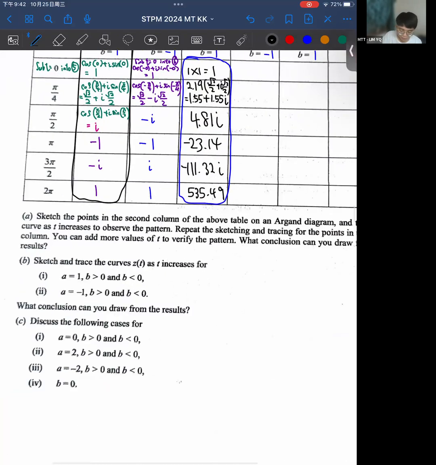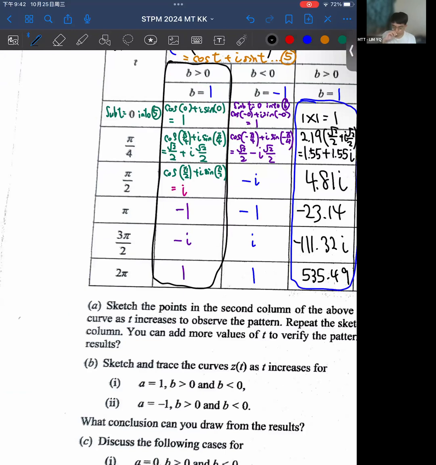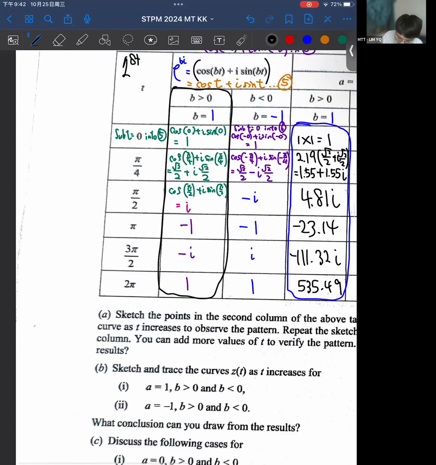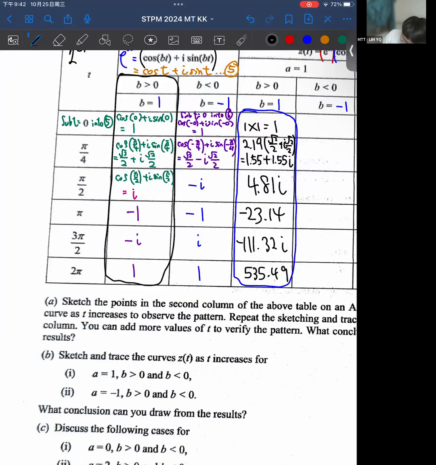So let's say I put my t as any random number, not even a perfect pi multiple. You can put maybe 1.5, no need to put pi, just 1.5 only.